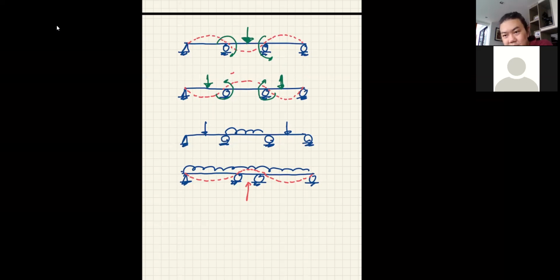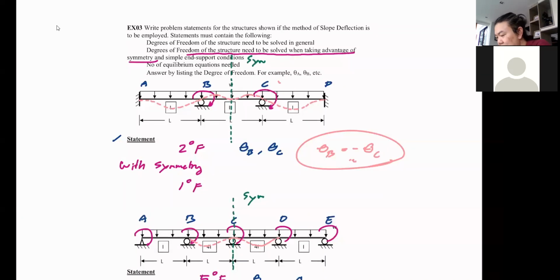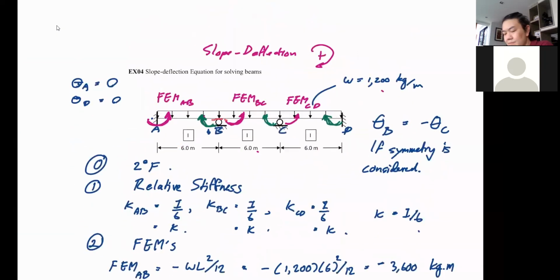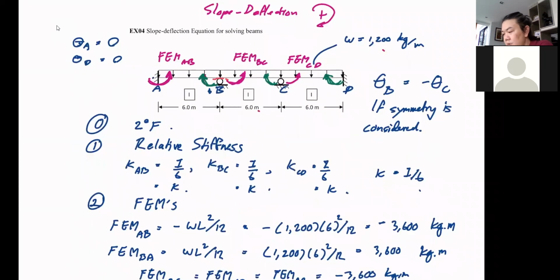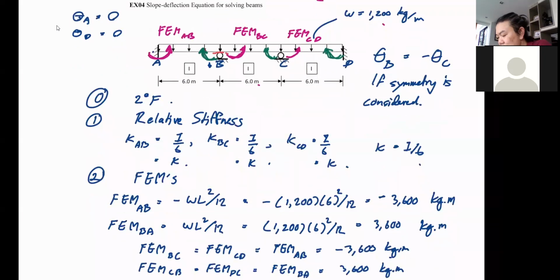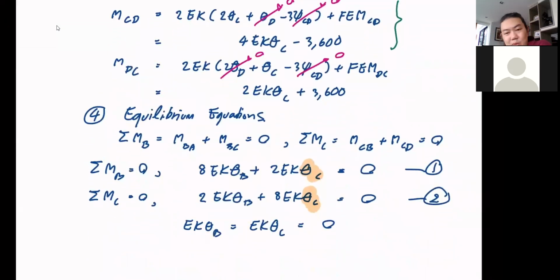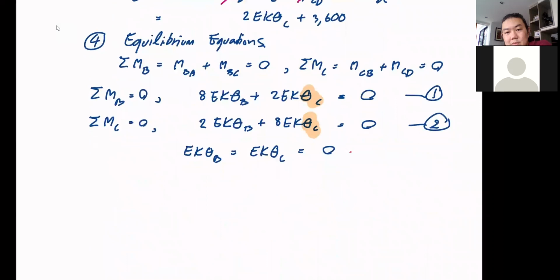You can see from the numbers by yourself. But in this example, it just so happens that everything is similar. The span length, the load. So because the loads are equal, the only way for you to have symmetry is that the rotation must be 0.